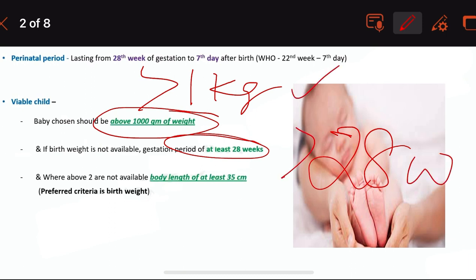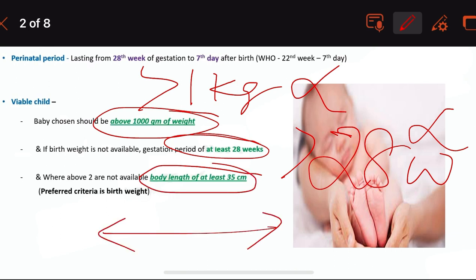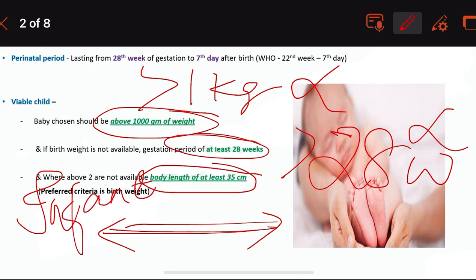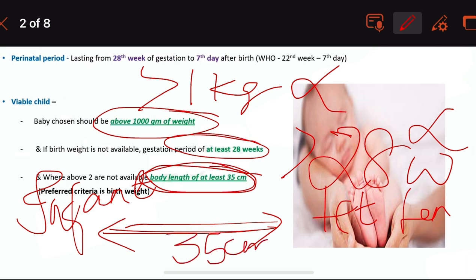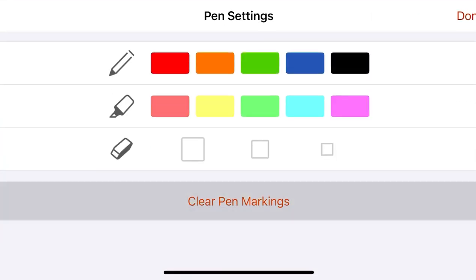or you don't know if the baby's gestation period is more than 28 weeks or not, if you don't know both of these, then you have to measure the body length of the baby. And we have also studied previously that in infants we never say the height of the baby, we say the length of the baby. So the length of the baby should be at least 35 centimeters.